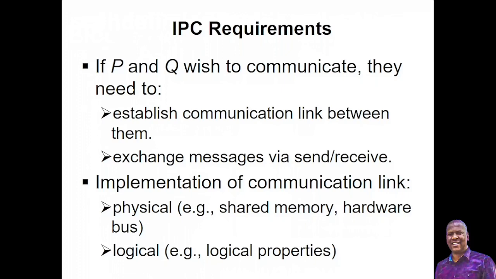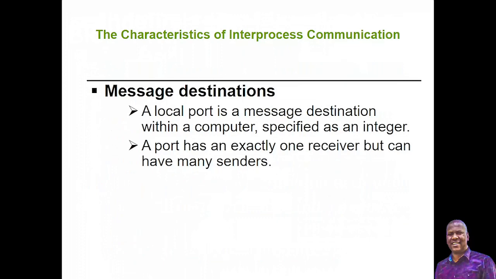Also, we need to establish the messages that are going to be sent, the kind of communication link, and the logical establishment of this communication, right? So this is more or less the same as understanding how the various computer networks are implemented, communication within a local area network, communication within a wide area network, and so on.